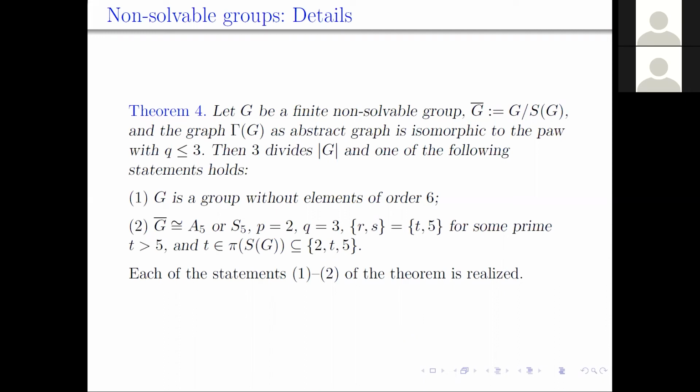First possibility, G is a group without elements of order 6, and the second possibility, G dash is equal to A5 or S5, and the condition on numbers P, Q, R, S, T you can see on this slide.